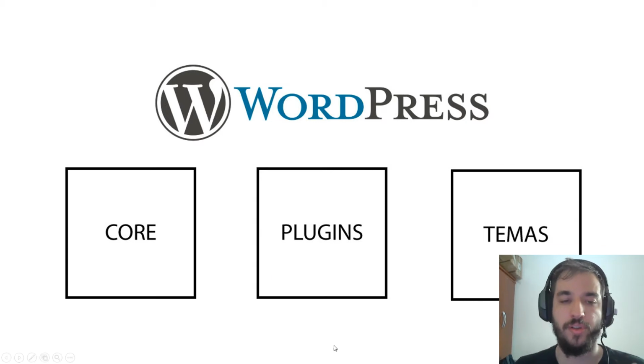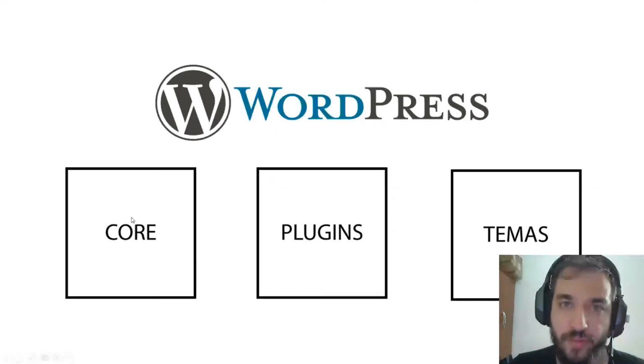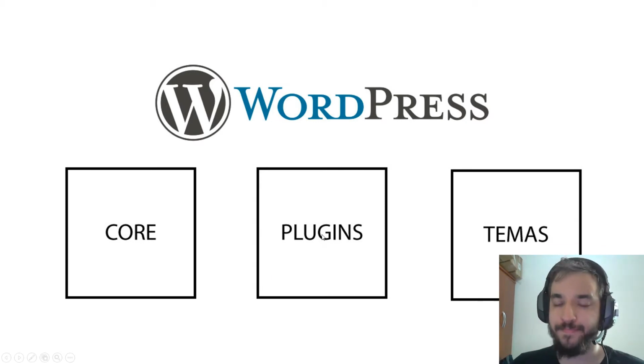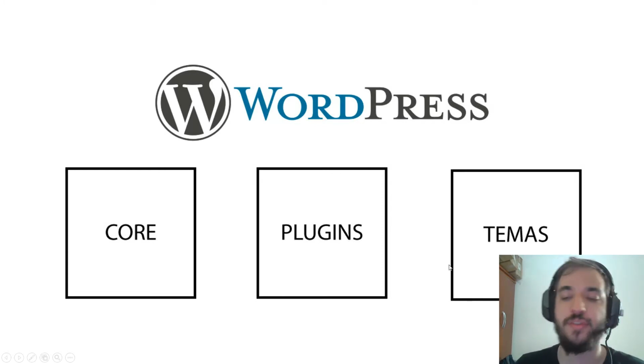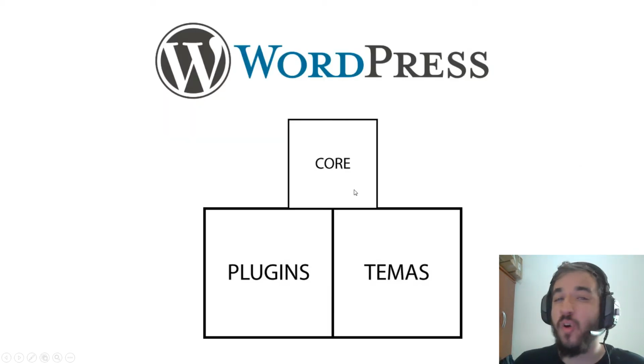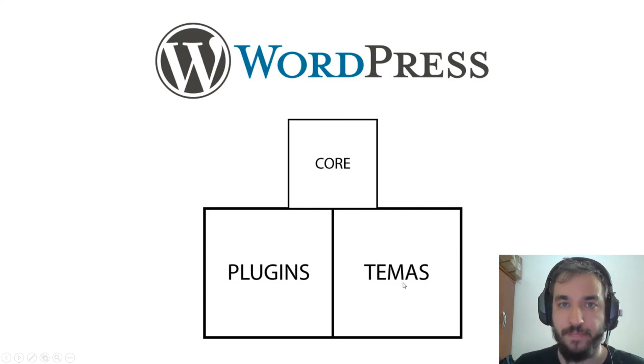Core, which is WordPress itself, plugins, which is most of the time the culprit for performance issues, and themes. The core does not take very long to load. The problem usually is with plugins and themes.